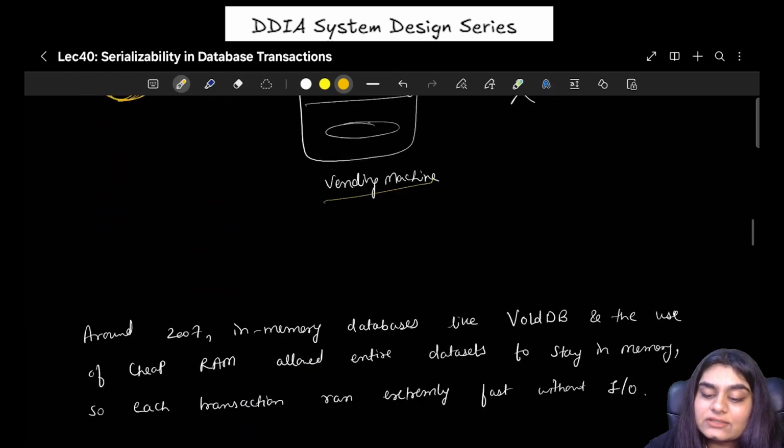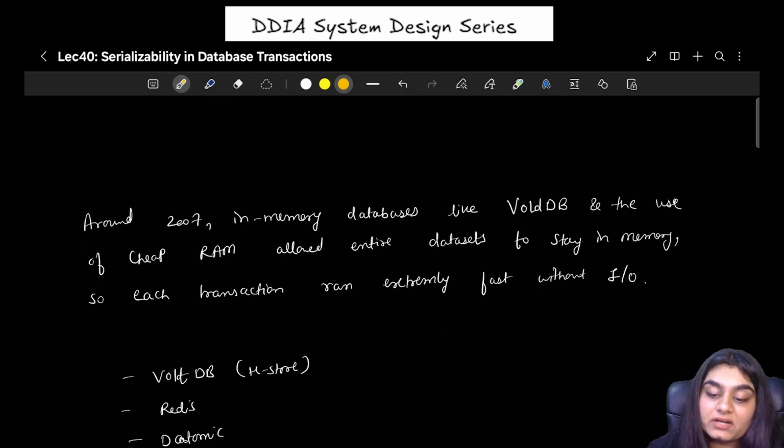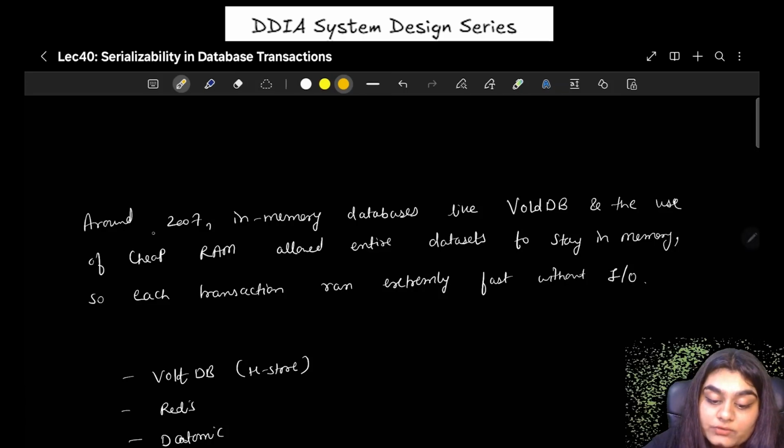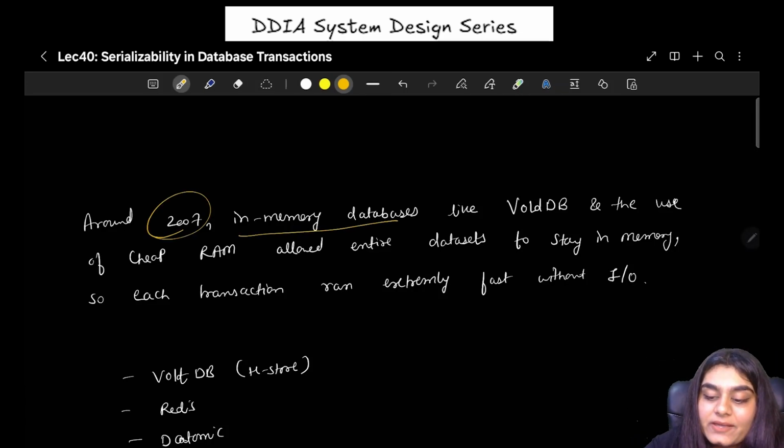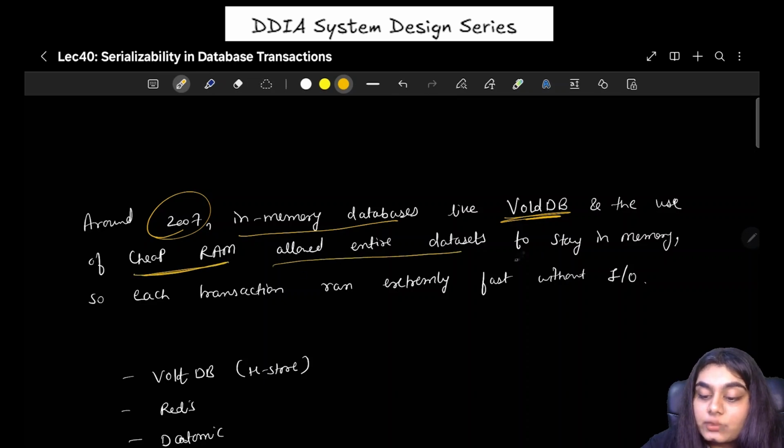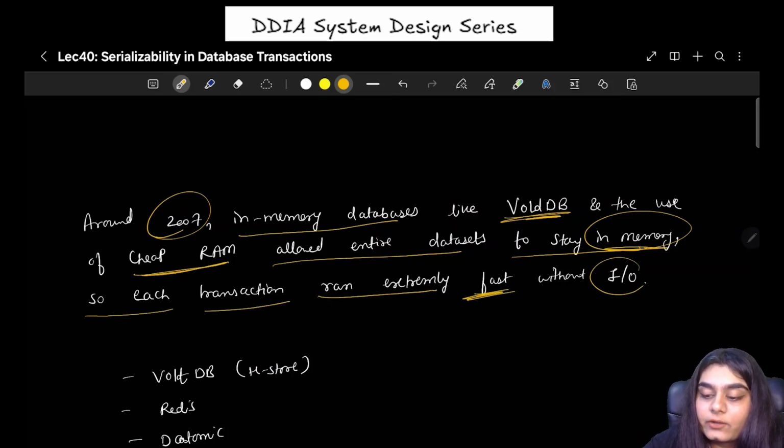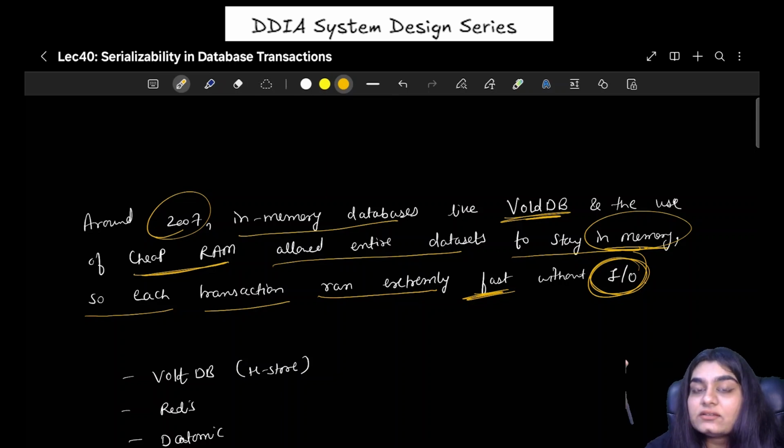Okay. Early on, this idea was impractical, but modern systems have made it viable. For example, around 2007, in-memory databases like VoltDB and the use of cheap RAM allowed entire datasets to stay in memory, so each transaction ran extremely fast without I/O. In fact, some technologies are inherently single-threaded, such as JavaScript or Node.js, which are designed for it.